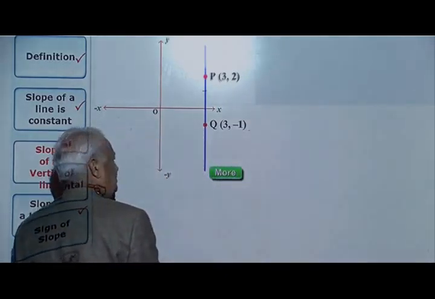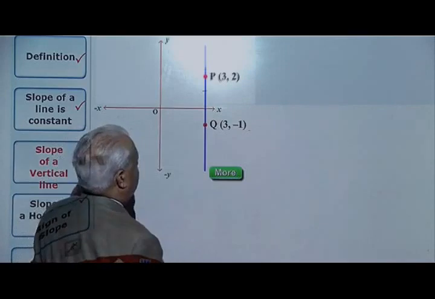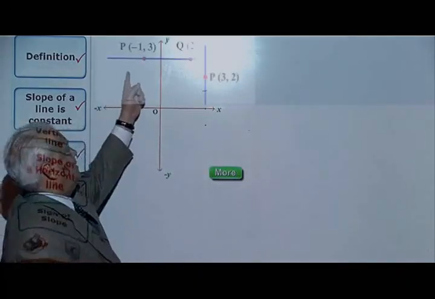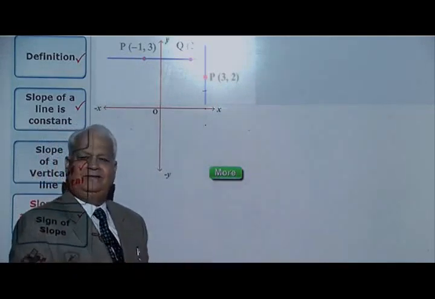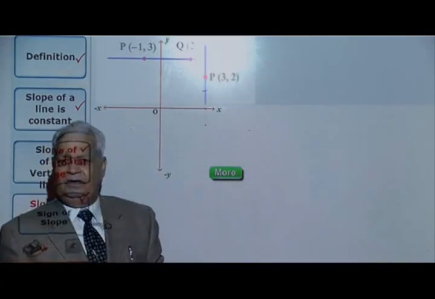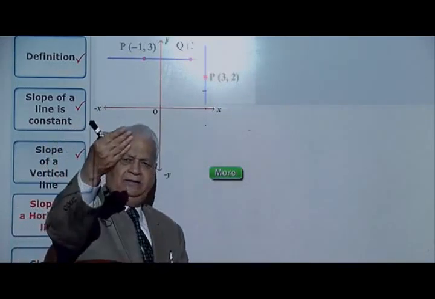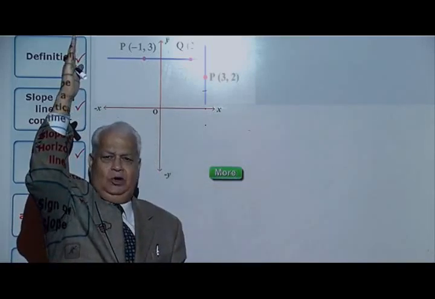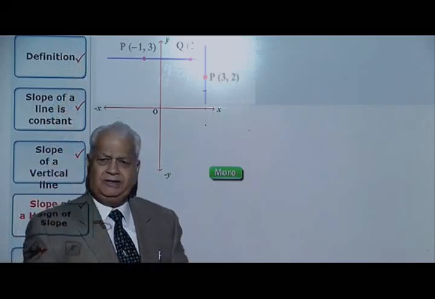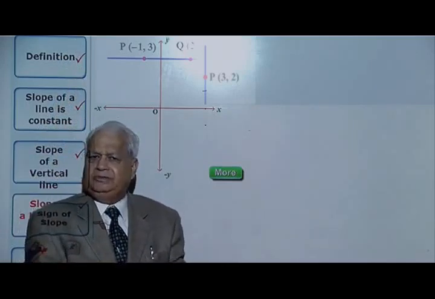Let's now see the slope of a horizontal line. If the line is horizontal, it's like walking on the floor, flat, there's no slope. When you go on the mountain, there is slope. When you go straight up, you can't define slope. When you walk on the ground, there is no slope. Slope is 0.